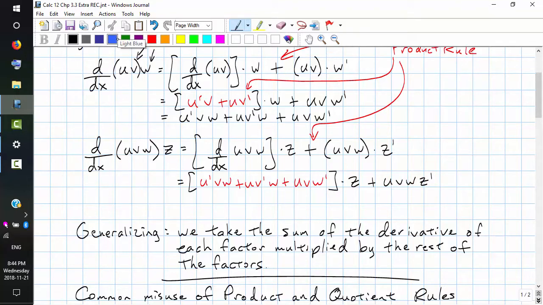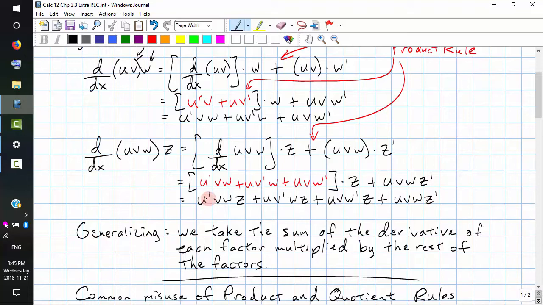Now we're going to distribute z into each term. So we have u prime v w z plus u v prime w z plus u v w prime z plus u v w z prime. Hopefully you see the pattern now.